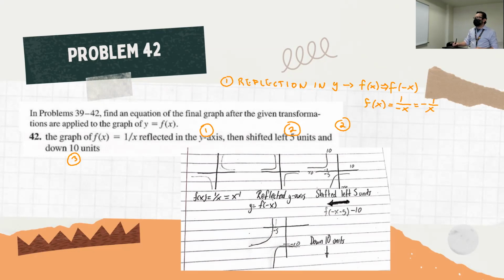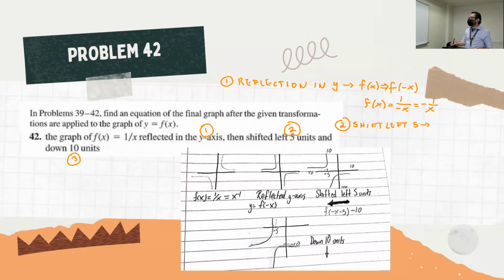It is shifted to the left 5 units. And a shift to the left means that we are adding that amount, the units, to the function.